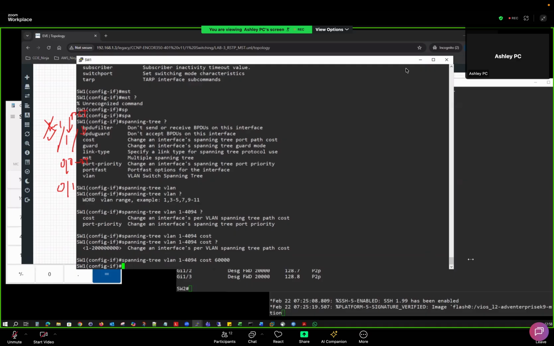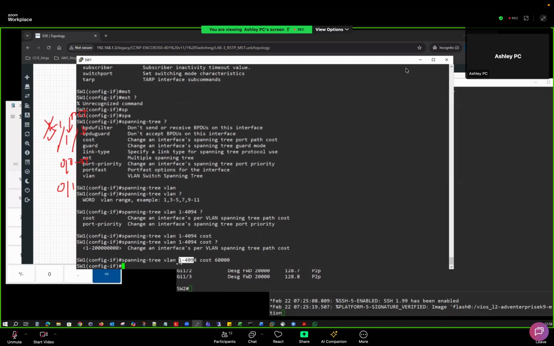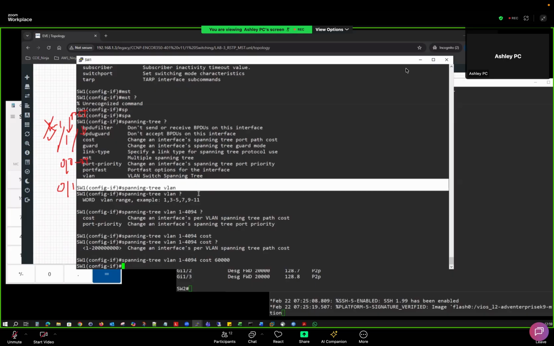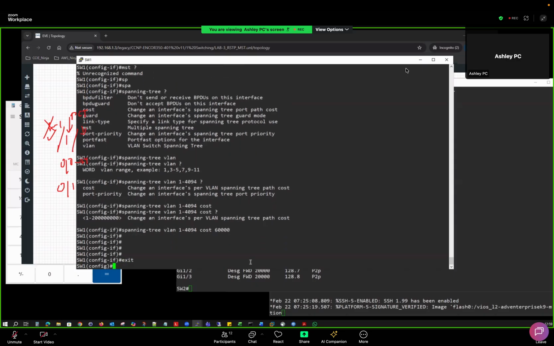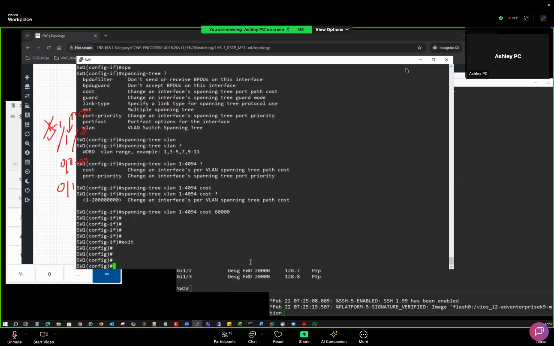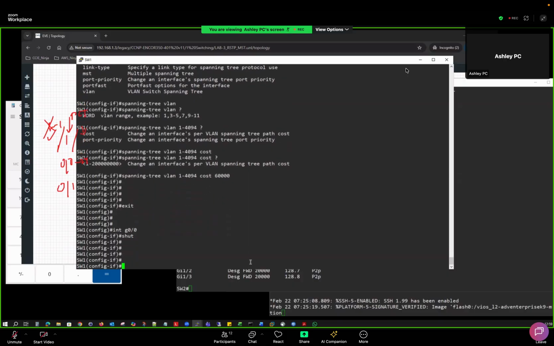How many VLANs are bundling over there? 1 to 4094, right? Now for entire VLAN cost, as we are running the MST, we are just simply changing that spanning tree port cost. So by default, it is going to take VLAN one only. Yes or no? So for entire VLAN 1 to 4000, we are going to change the cost to 60,000. Now exit interface gig 0/0. We are going to set that one.